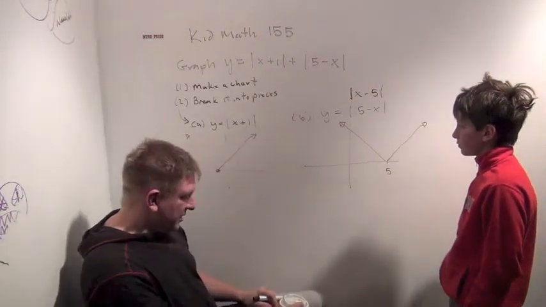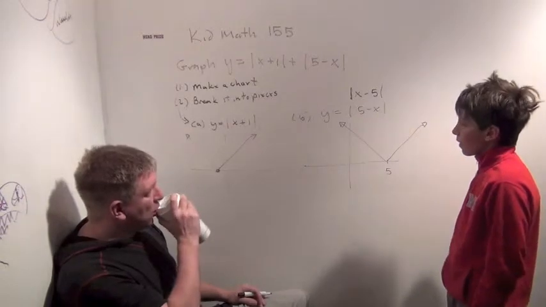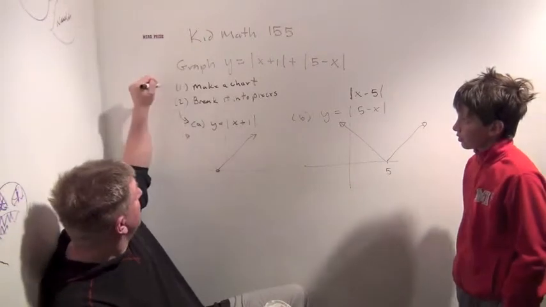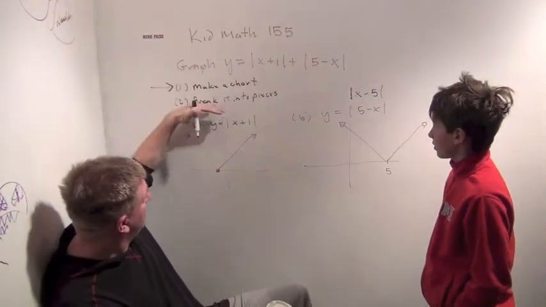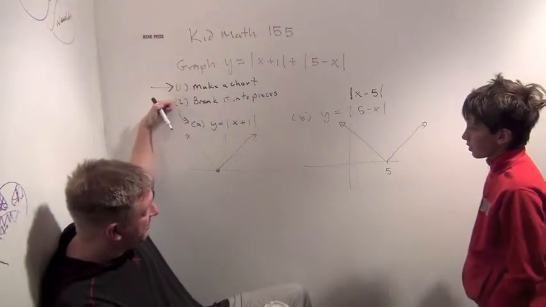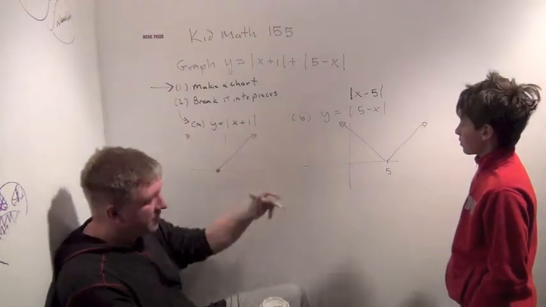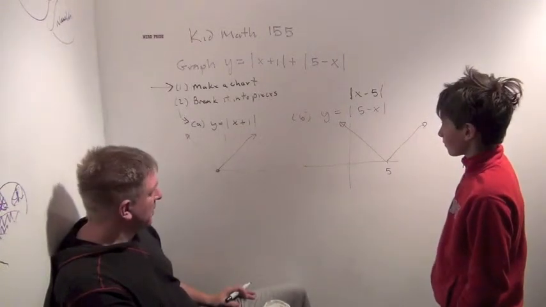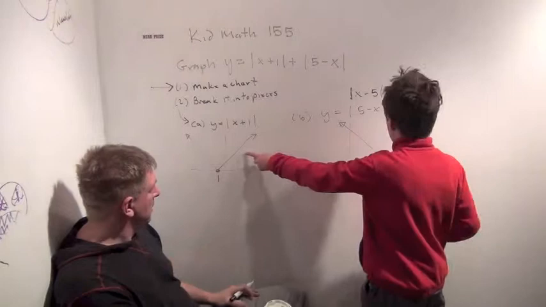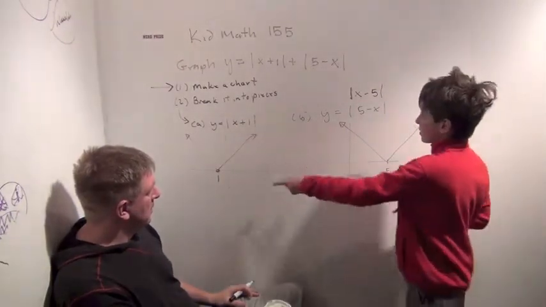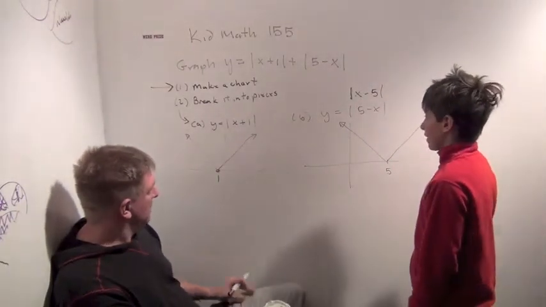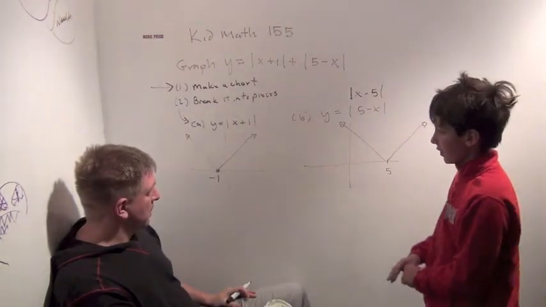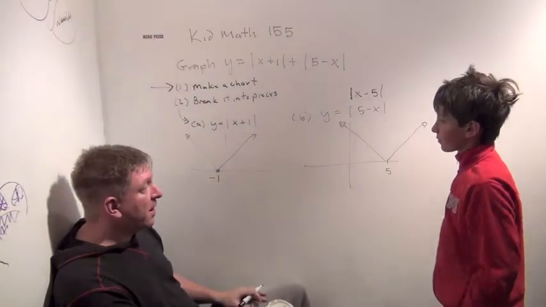Now, how am I going to add these together? Well, we could use a chart. We can always go to a chart, but we're trying to stay with breaking it into pieces. Now that I have this graph and that graph, how can I add them together visually? Well, this slope and this slope both have a slope of 1. When you add them together, you can get a slope of 2. Where is that going to happen?